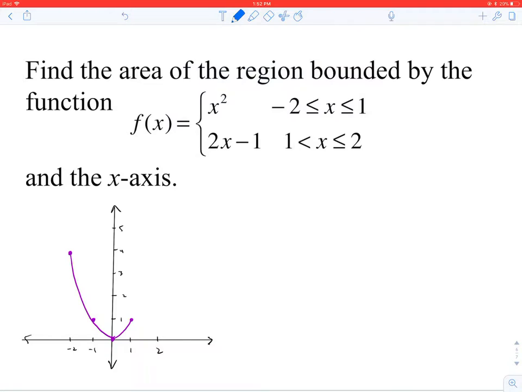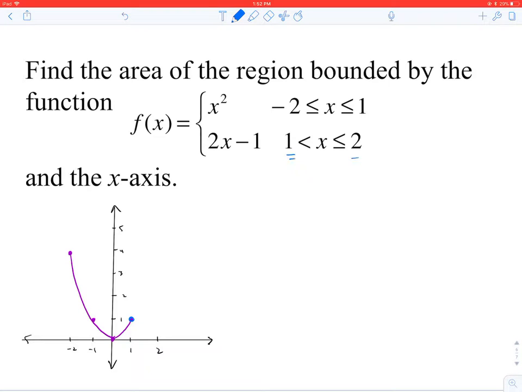I can graph the line 2x minus 1. So that has a y-intercept of -1, a slope of 2, so I would go right 1, up 2. It would put me at 1, 1, even though 2x minus 1 is not defined for x equals 1. When x is equal to 1, we use x squared.